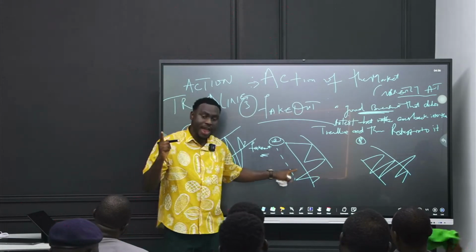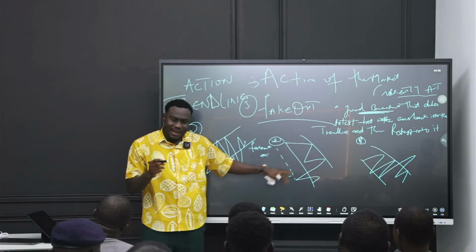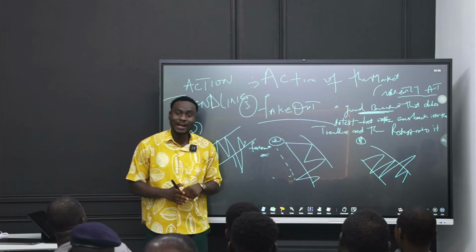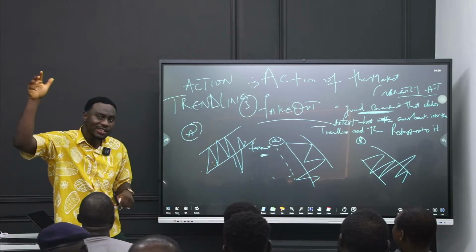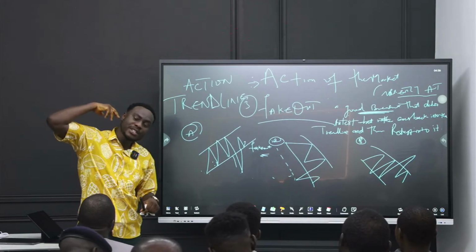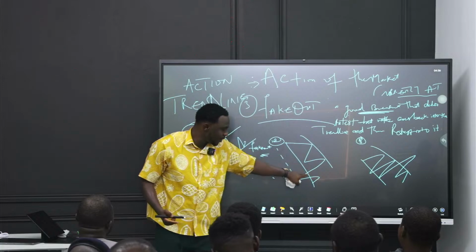So A is a continuation. What makes it a continuation? It has to first of all be a good breakout, and a good breakout happens in the opposite direction. The market is buying, then it breaks out.